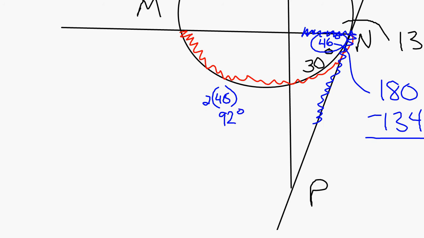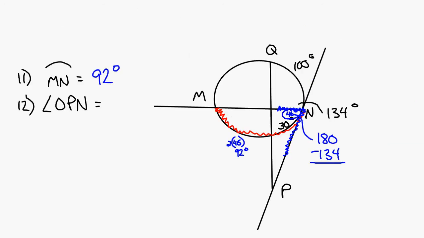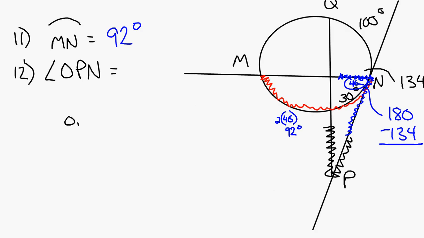Angle OPN. OPN, that's this angle right here. Angle OPN is equal to 1/2 of the difference of its intercepted arcs.